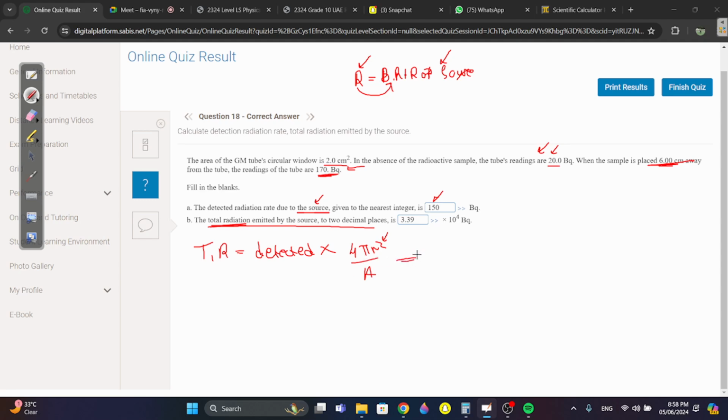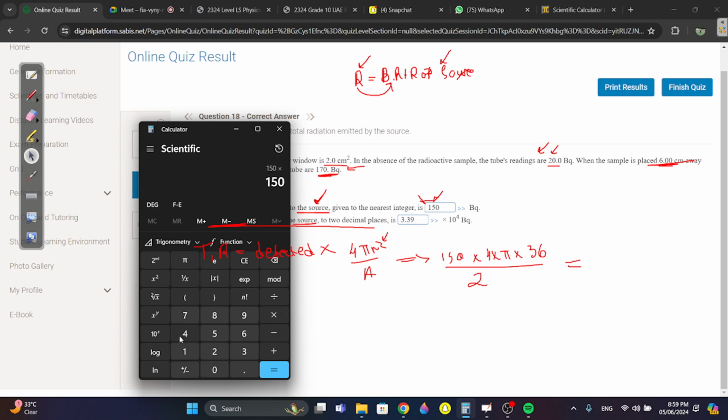In this case, they want the total emission by the source, so what is the detected rate of the source? 150. So 150 times 4 times pi times r squared, which is 36 because 6 squared, divided by the area, which is 2. I'll just do it on the calculator.